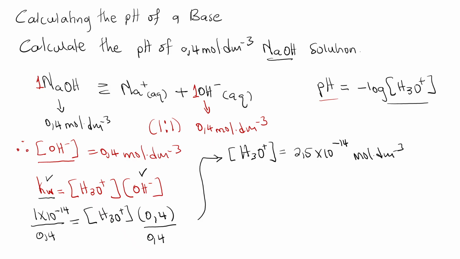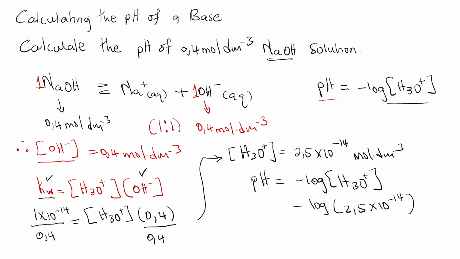So now pH is equal to negative the log of the concentration of H3O plus. Just do your substitution. This is negative the log of 2.5 times 10 to the power minus 14. Put this on the calculator. Let's see what the pH of that base will be.